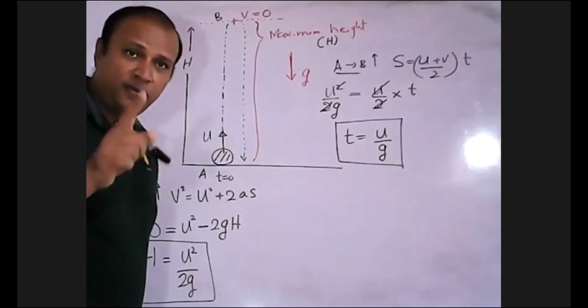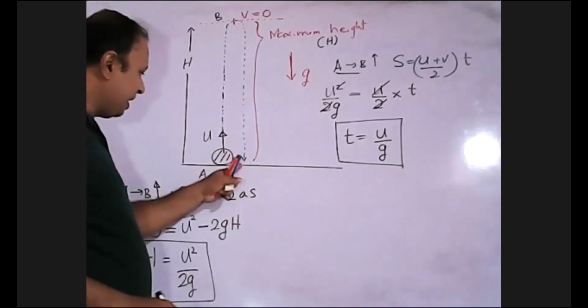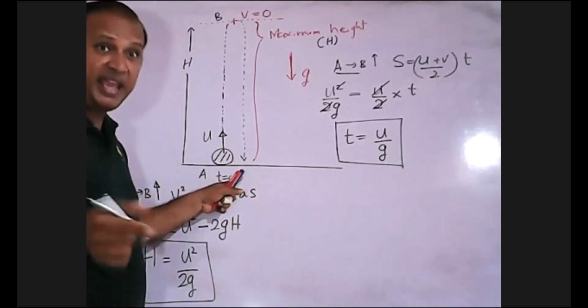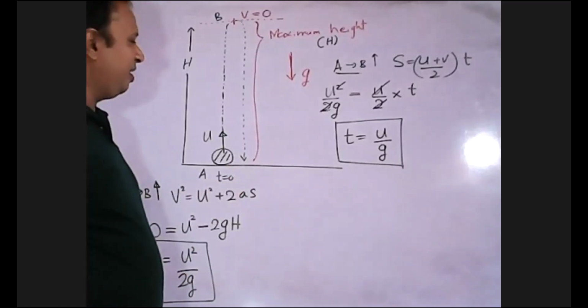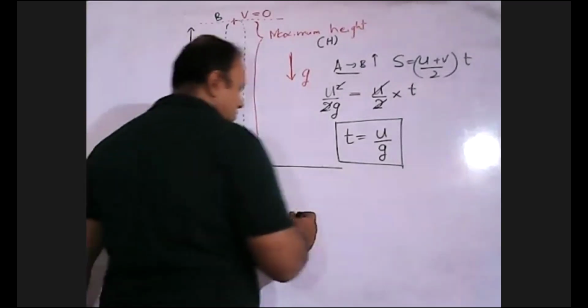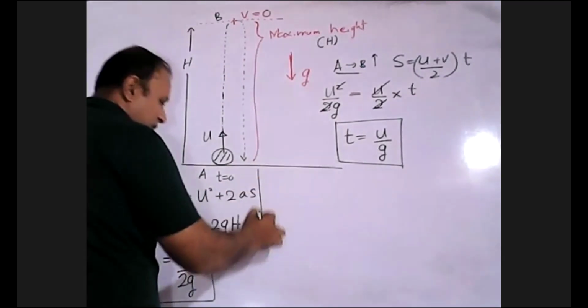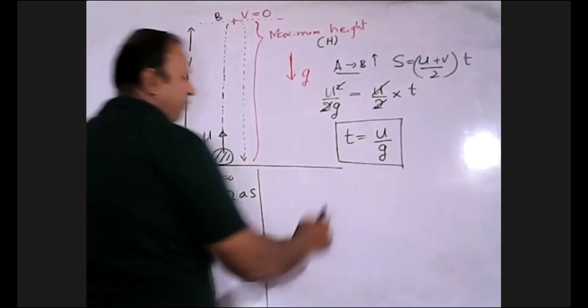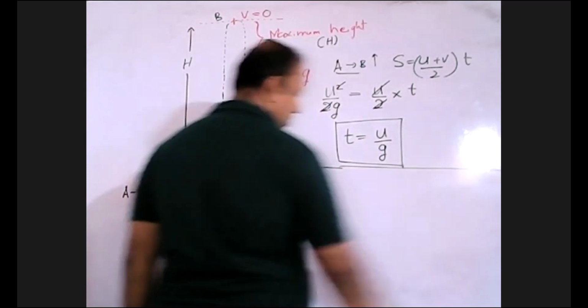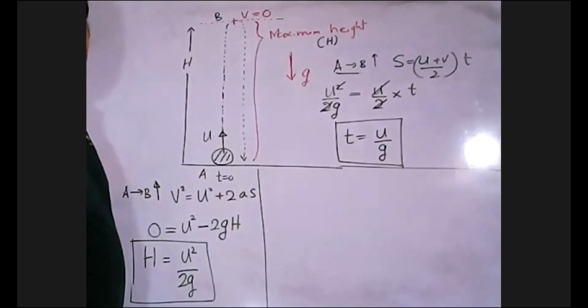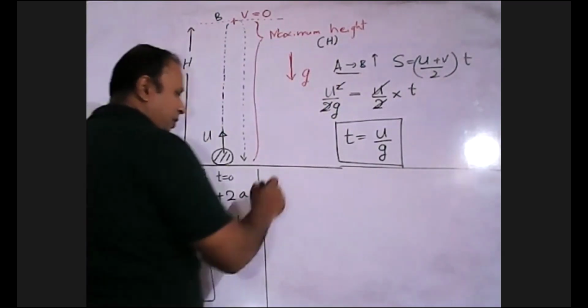Now you want to find the velocity at the point A again. You can use various types of equations, but I'm going to use this one.